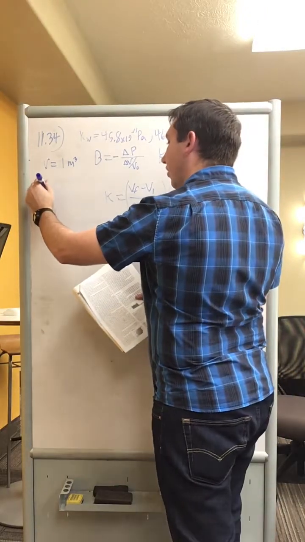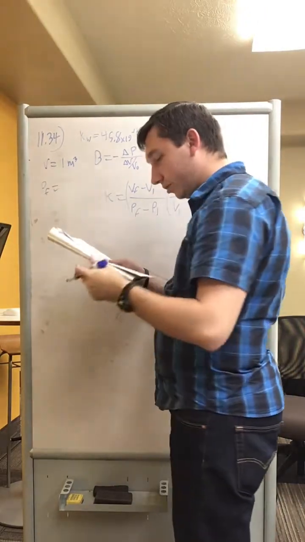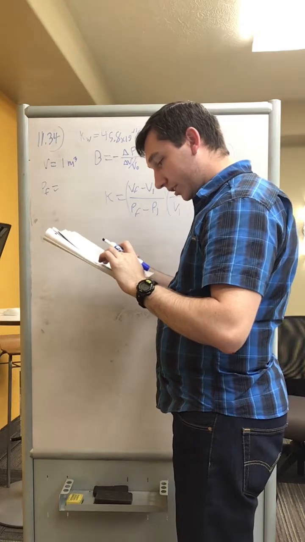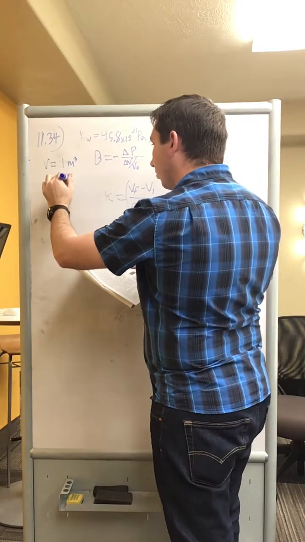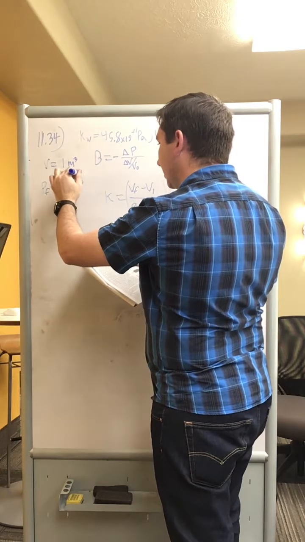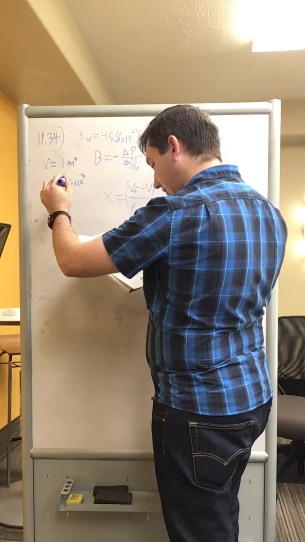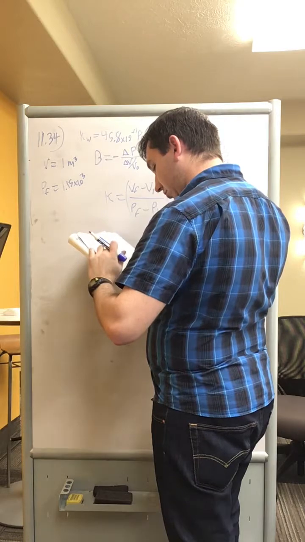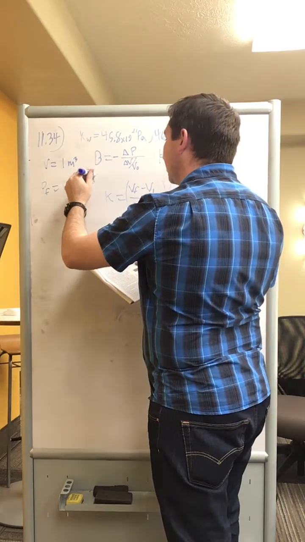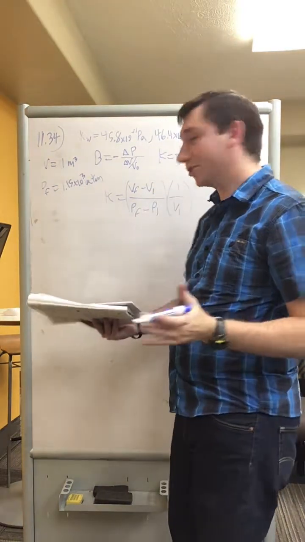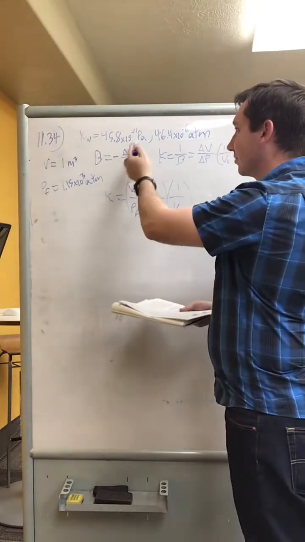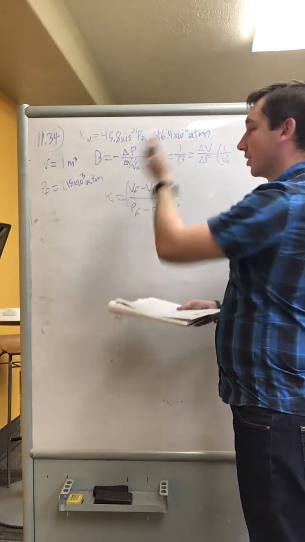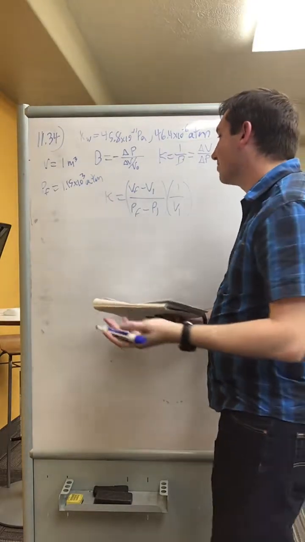So pressure final is equal to 1.15 times 10 to the 3rd ATMs. I have to make sure I have the right pressure, because there's nothing worse than mixing pressure in pascals and pressure in atmospheres, because they're not the same.